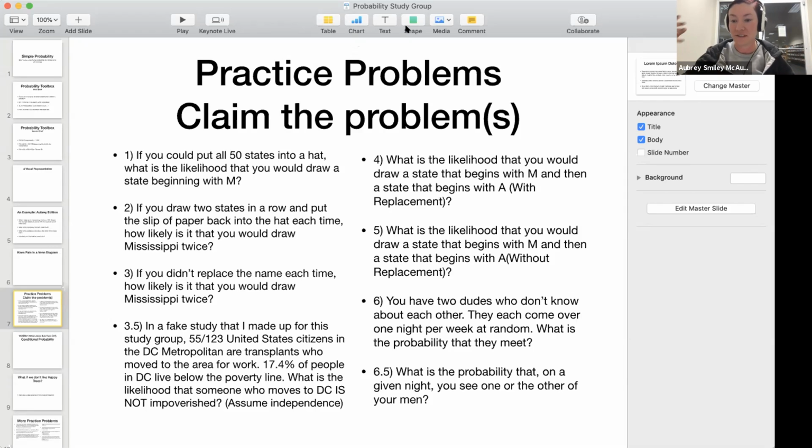This is keeping us awake, you guys, if you have to jump in and claim the problems. Oh, it looks like everybody's going to get 2.